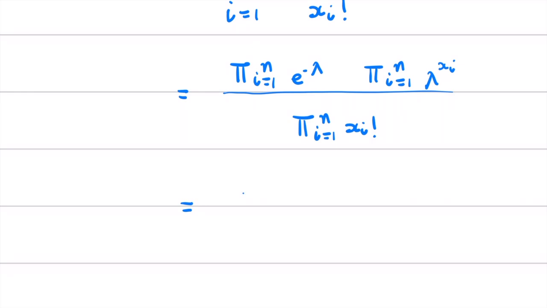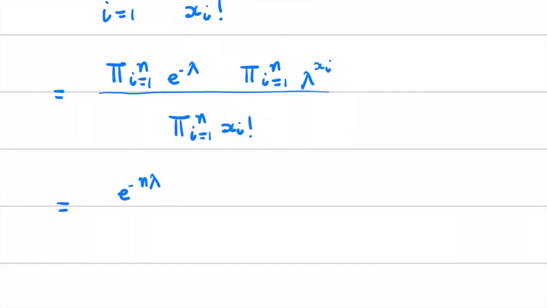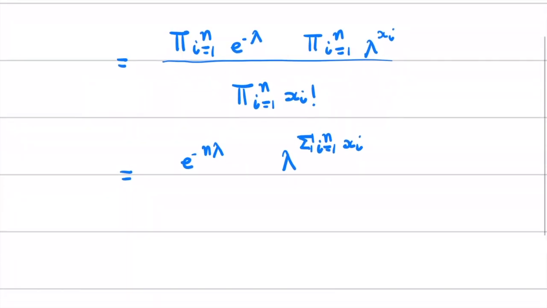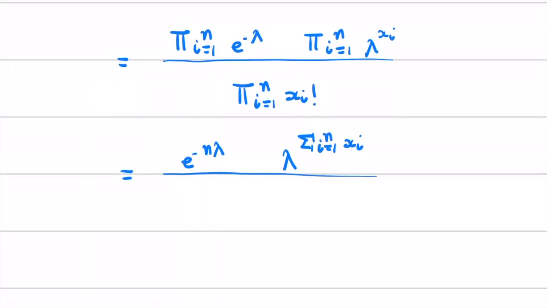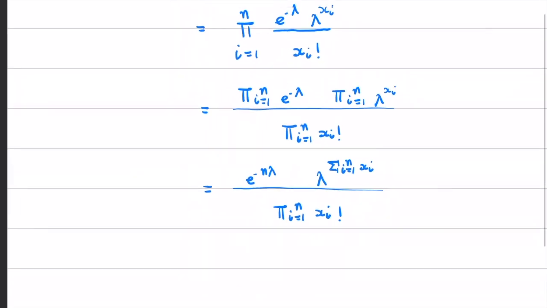So that ends up giving us e to the negative n lambda. Now, the next section, we're taking the product of lambda to the xi's. Using our power laws, that becomes lambda to the sum of i equals 1 to n of xi. And of course, the part down the bottom, the product, I'm just going to rewrite the same here. Alright, and don't forget the factorial.